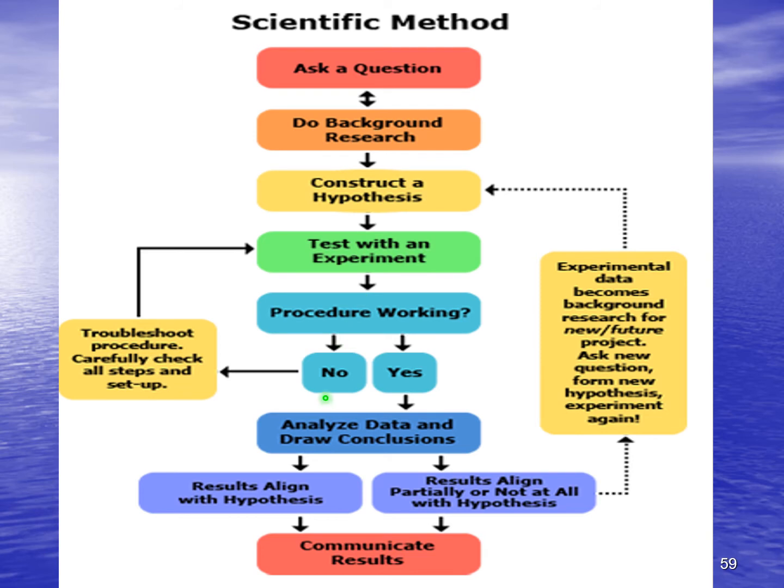Or did the procedure not work? Then I need to go back and troubleshoot my procedure, carefully check that all steps and setups are correct. And then what if my data does not align with my hypothesis? Well, then I either need to completely reject the hypothesis or modify the hypothesis, and then I can start over.